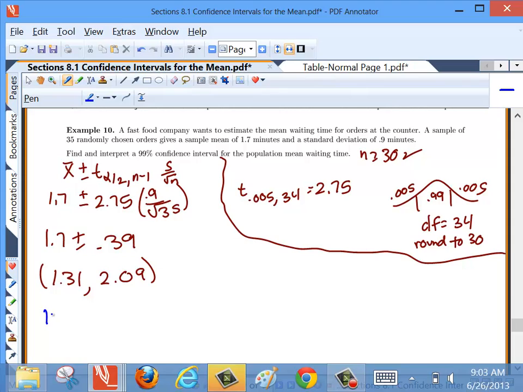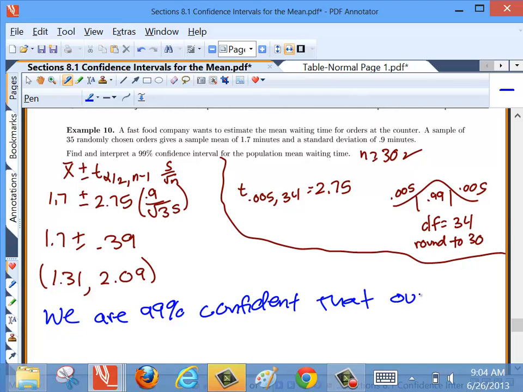Something like, we are 99% confident. So we are 99% confident that our mean, so 99% confident that our mean of what? What would be a reasonable population here?